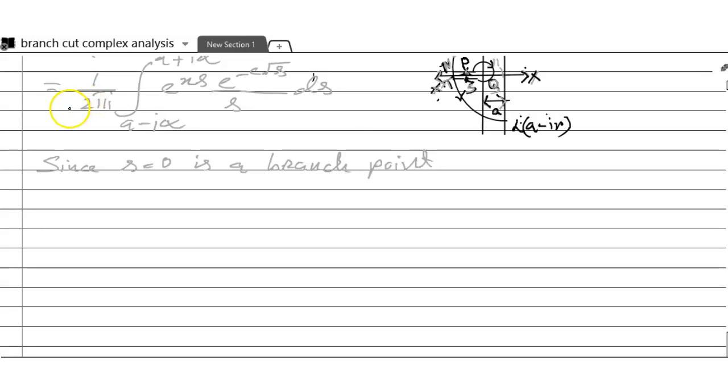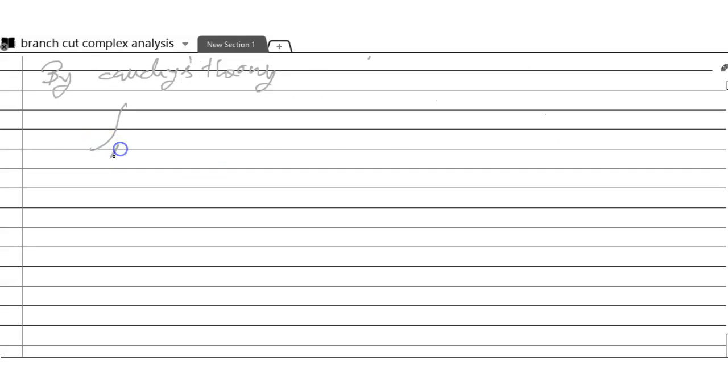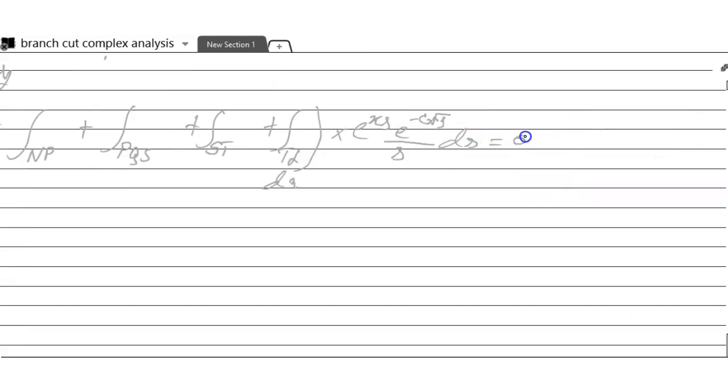Therefore, by Cauchy's theorem, the integration along LM plus MN plus NP plus the integration PQS plus ST plus TL of e to the power xs into e to the power minus c root s, divided by s, ds equals 0, because we do not get any singular point.